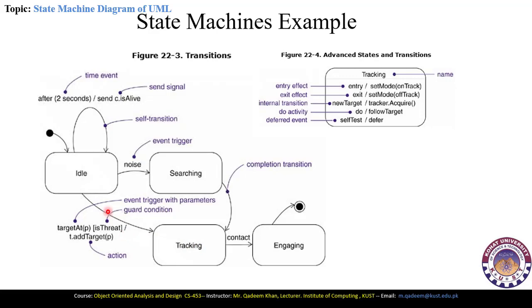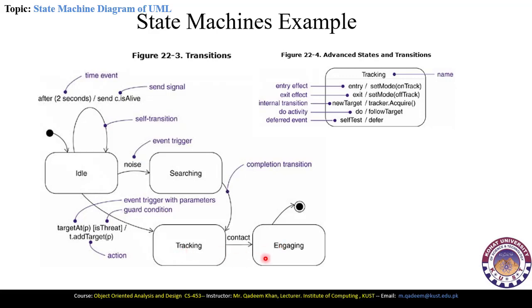Means that target.add and thread.add target, these two functions are being called. Then, due to these two events, the tracking state will be called here. And after tracking, the engaging state will be called. Means that the system will engage the target, or it will perform a certain action over the target, that is, it will hit the target.